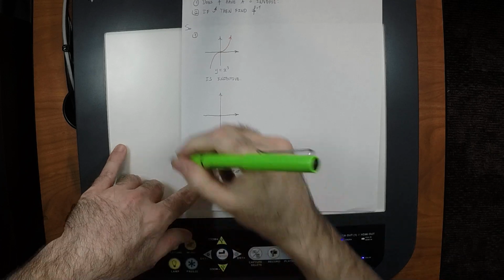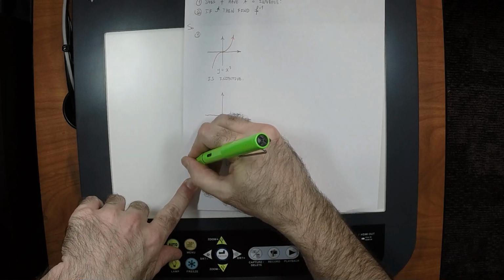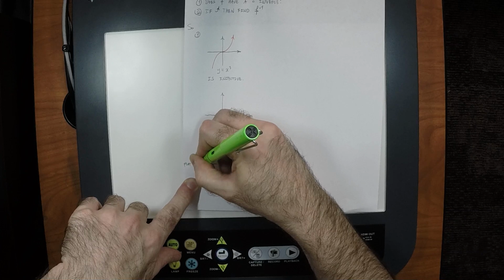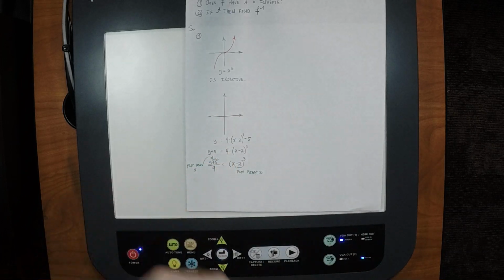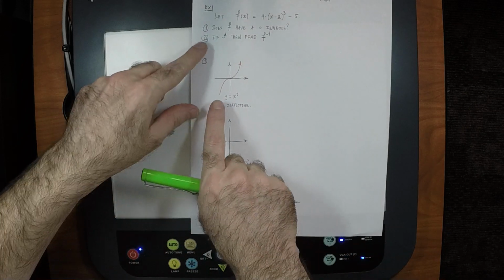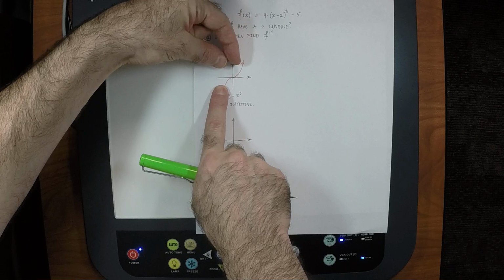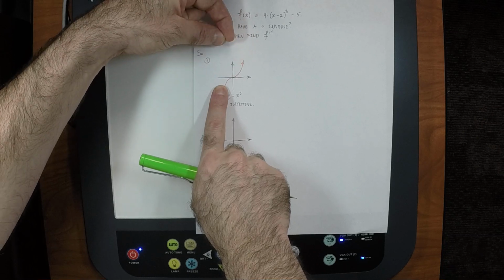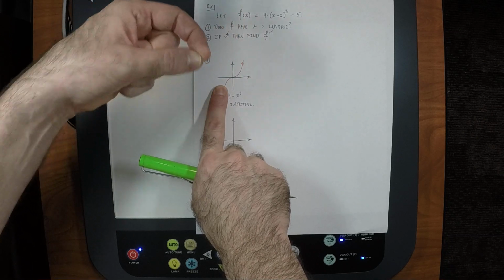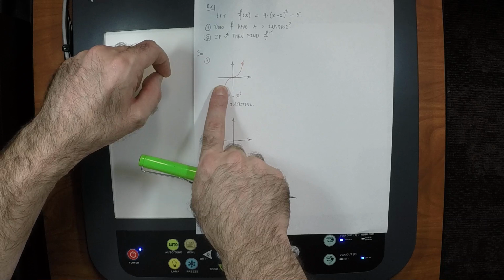Down 5. The plot's going to move down 5 because, from a different point of view, I'm going to hold that plot there, pin it down, and then grab the axis and pull it up 5, right? And so then the plot would have the appearance of going down 5.